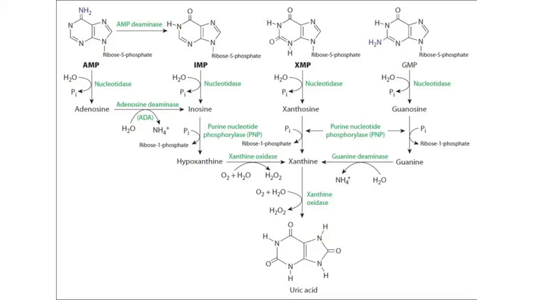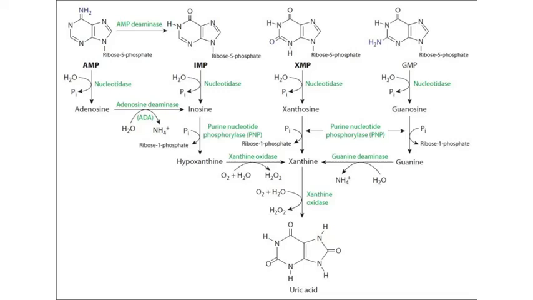The enzyme responsible for that is called hypoxanthine guanine phosphoribosyl transferase, or HGPRT. How much hypoxanthine gets salvaged versus broken down depends on the body's needs. If there's a high demand for new nucleotides, for example, during cell growth, more hypoxanthine will go into the salvage pathway. If not, more will be broken down into uric acid.